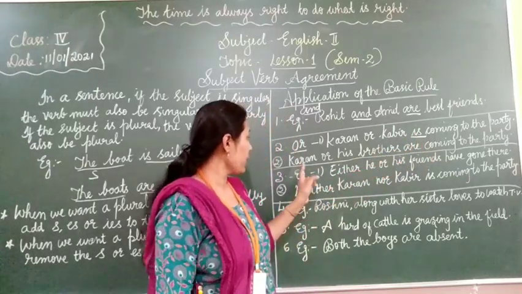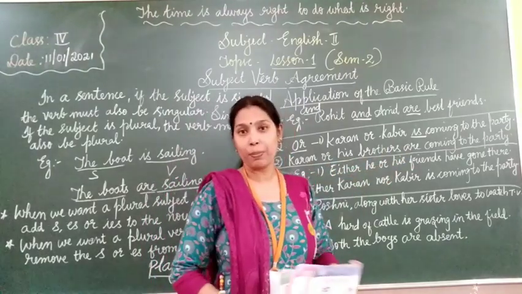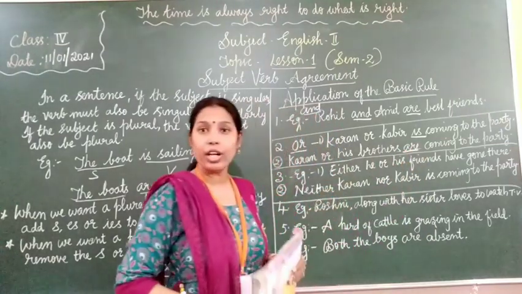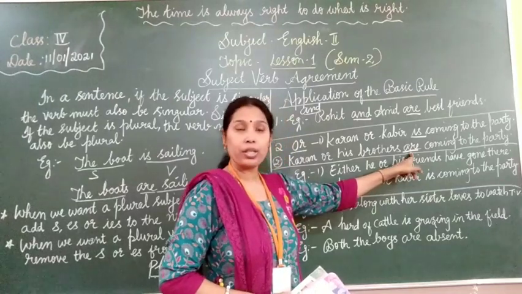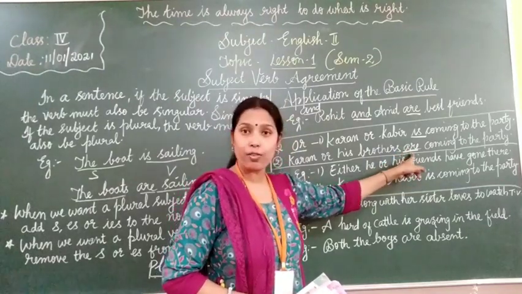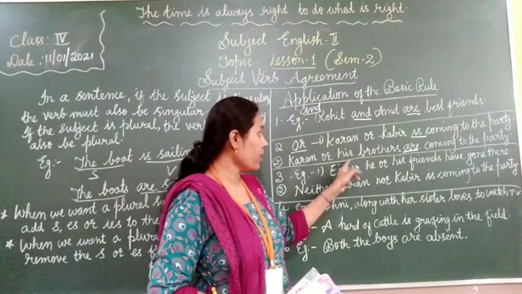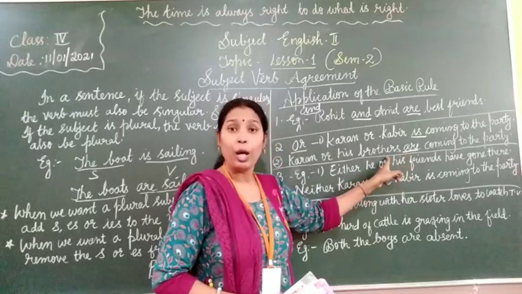Next example you see, Karan or his brothers are coming to the party. What is the verb here? Are. Why here have we used are? Because the verb will agree with the subject which is near to the verb. So here, Karan or his brothers. The subject near to the verb is in plural, right?